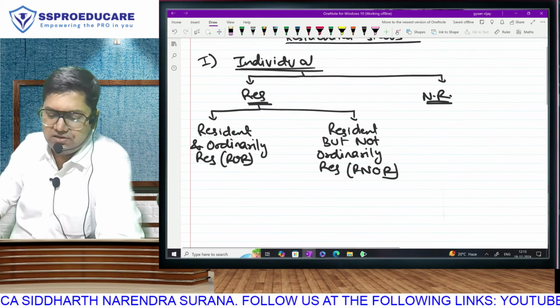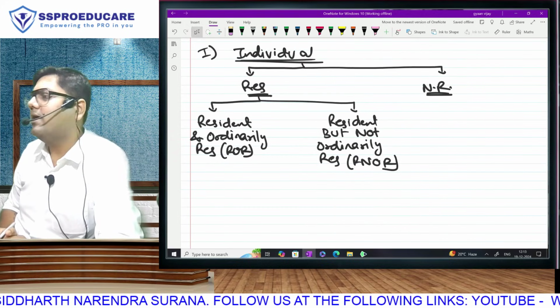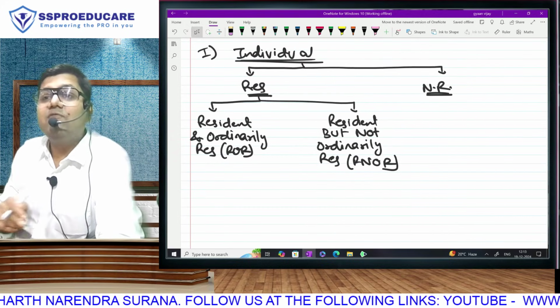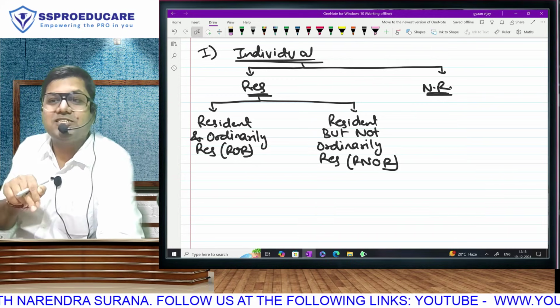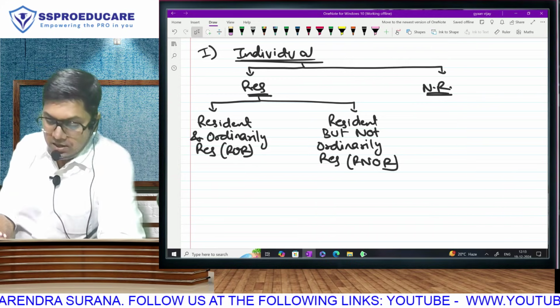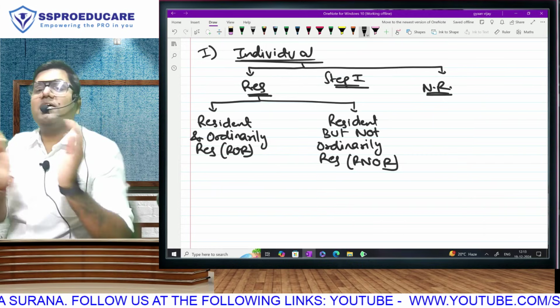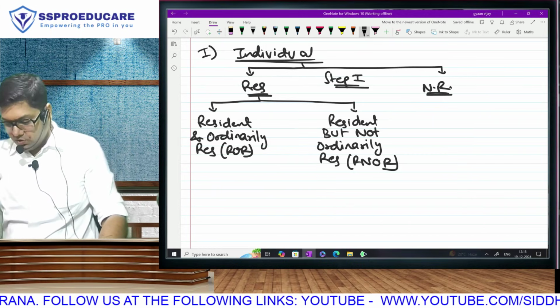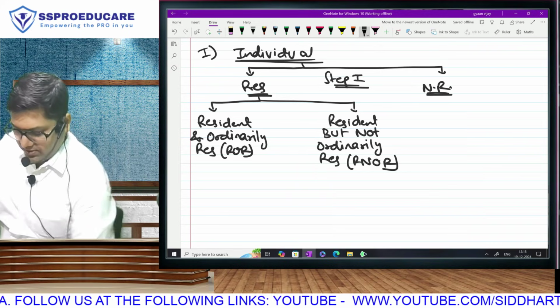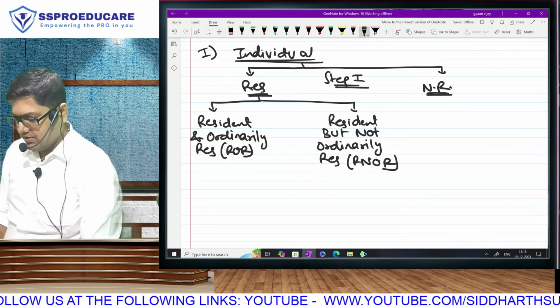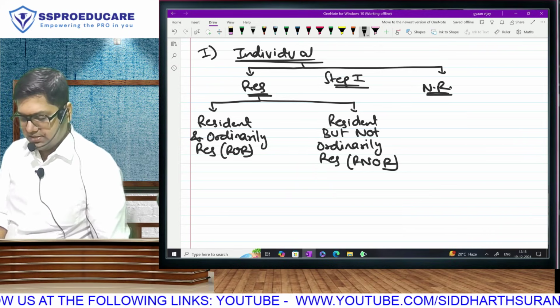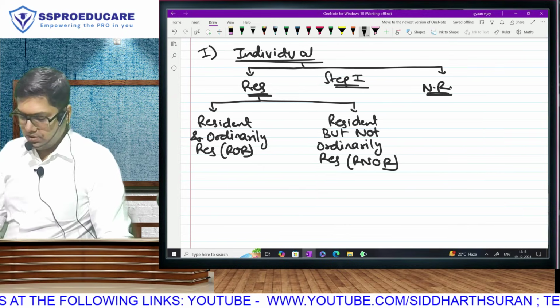So residents are further divided into ROR and RNOR. So under individual's residential status, we have to learn 2 steps. In step number 1, we will be taught how to decide whether an individual is resident or non-resident. Step number 1 will only teach us this. That individual is resident or the individual is non-resident.